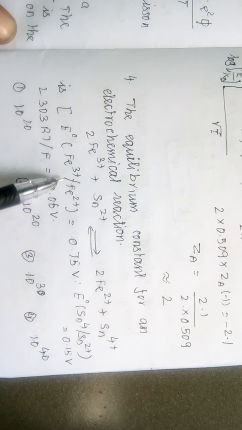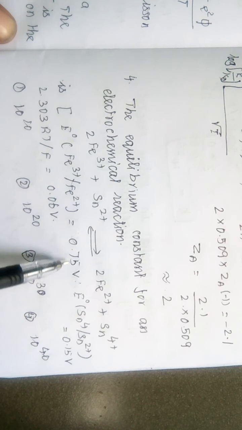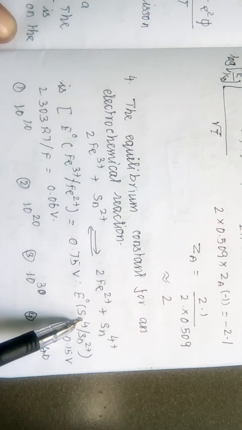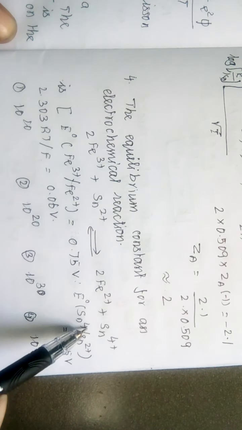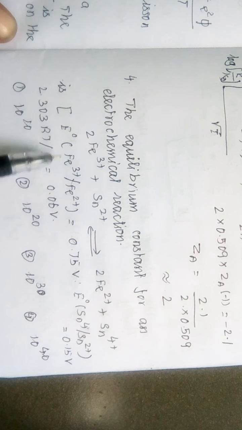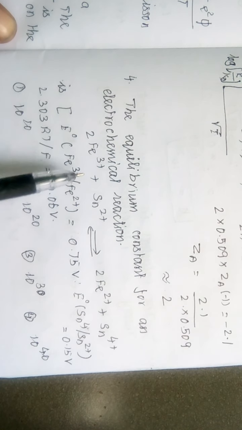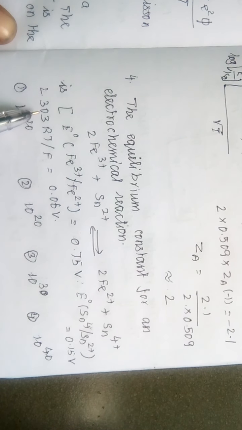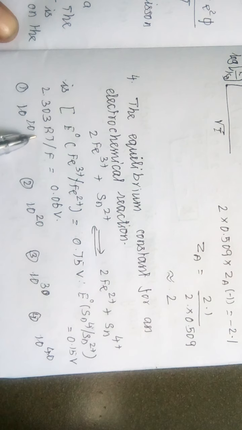The reduction potential of Fe3+ to Fe2+ is 0.77 volt, and the reduction potential of Sn4+ to Sn2+ is given as 0.1515 volt. Since iron is getting reduced and tin is oxidized, this reduction potential is inverted, and the value they have given is 2.303 RT by F is equal to 0.06 volt.